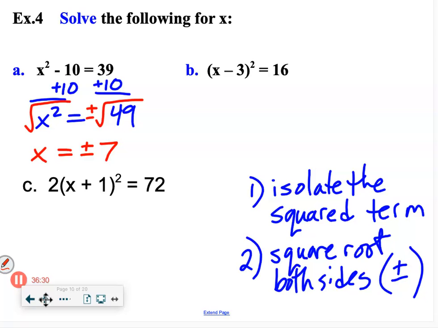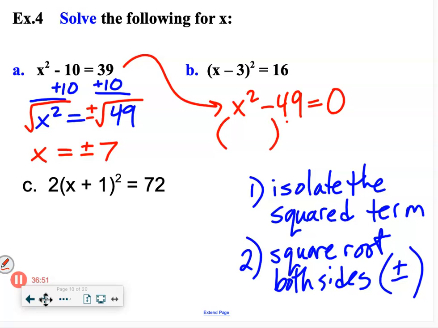Now I'm going to show you why. Right from the beginning, instead of adding the 10, if I subtracted the 39, right, normally for quadratics, what do we do? We set them equal to 0, and then we do, what's our favorite F word? Factor. We factor, right? Okay.